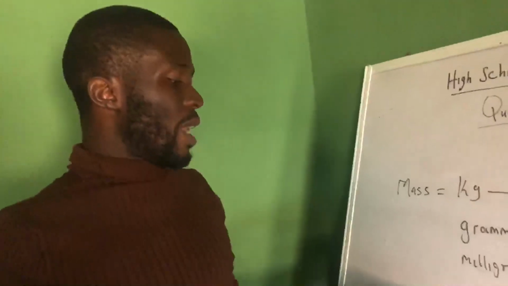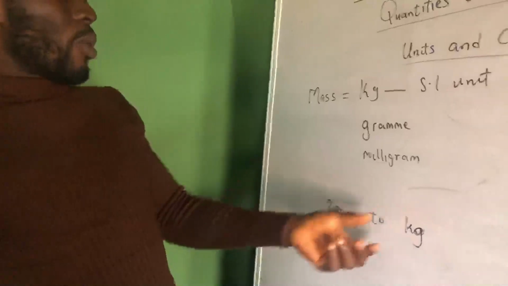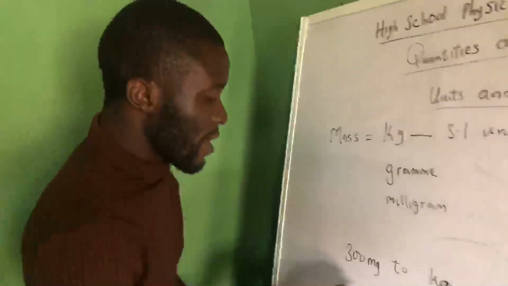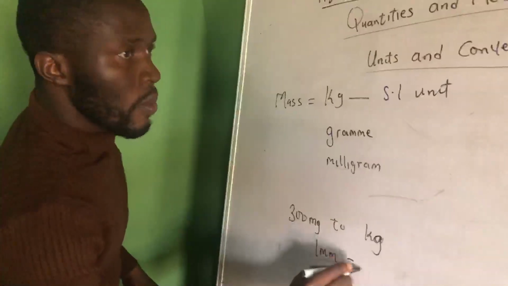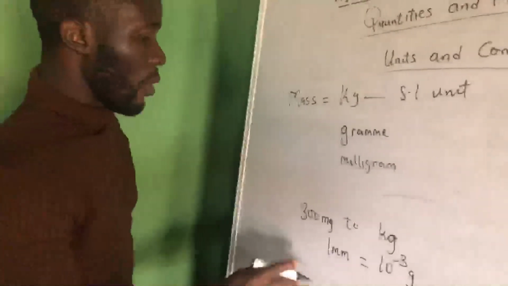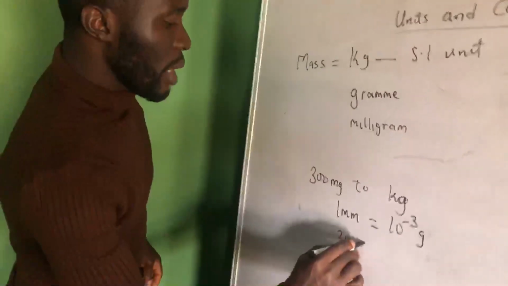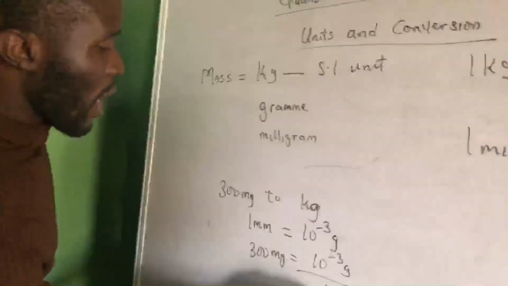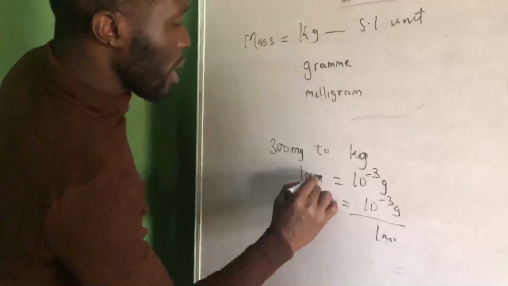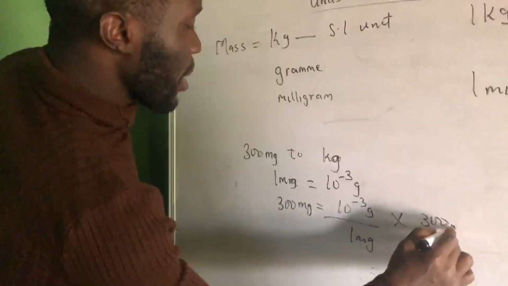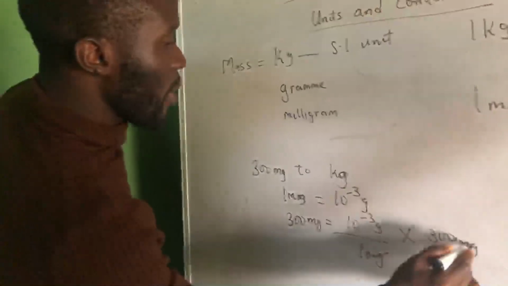So before we can convert 300 milligram to kilogram, we first need to convert 300 milligram to gram. We know that 1 milligram is 10 raised to power minus 3 gram. Now, 300 milligram will be 10 raised to power minus 3 gram over 1 milligram times 300 milligram. The milligram cancels milligram, so you are left with what?